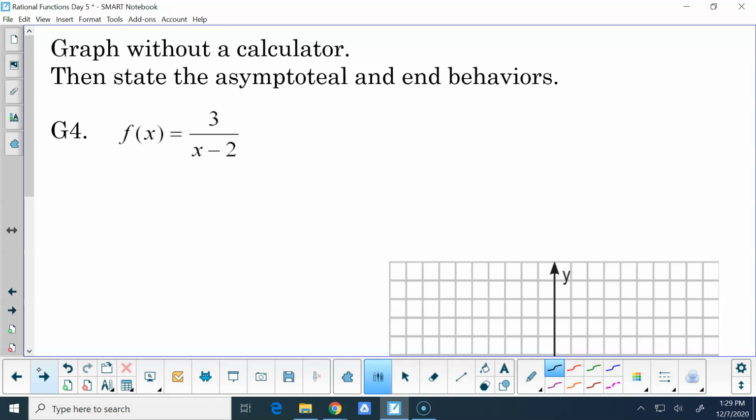So, what I would like you to do now is graph f of x equals 3 over x minus 2. I want each and every one of you to graph that. Then I want you to state the asymptotes and the end behaviors for that graph. In-personers, I'm going to come around and look at your work.